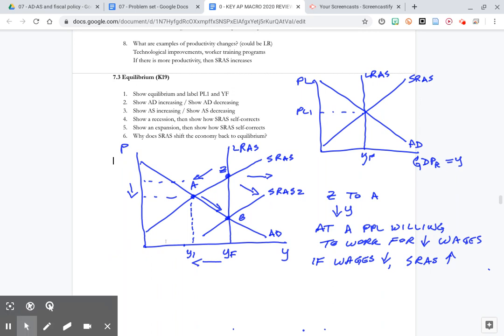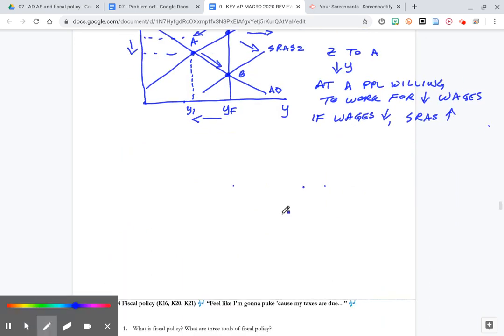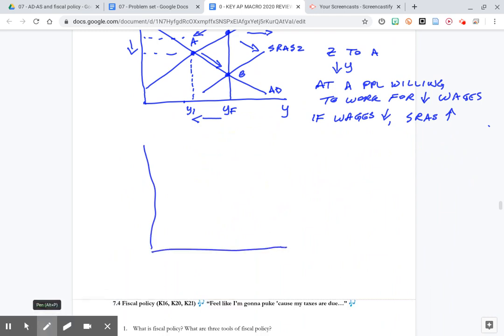Now let's take a look at the problem in reverse. Erase these dots from my hand. We're going to draw an expansion, excuse me. So we've got an LRAS and YF, and then, well, I don't want to do that.